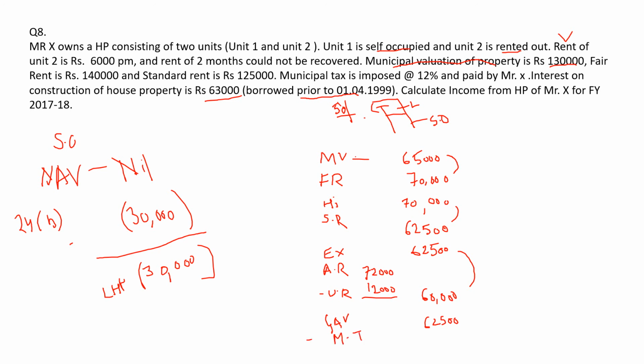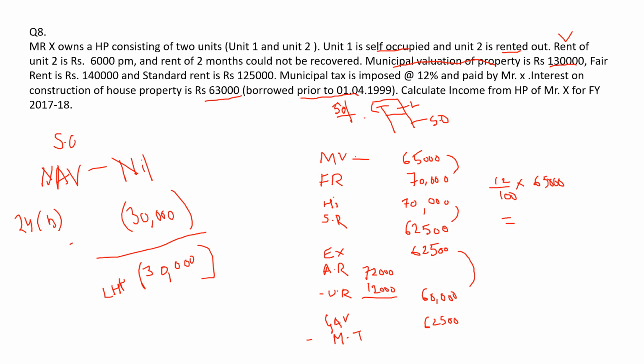Municipal tax is how much? Municipal tax of 12% has been paid. So we will take 12% of this municipal value, that is 65,000, which we found by multiplying 1,30,000 into 50%. It comes out to be 7,800.